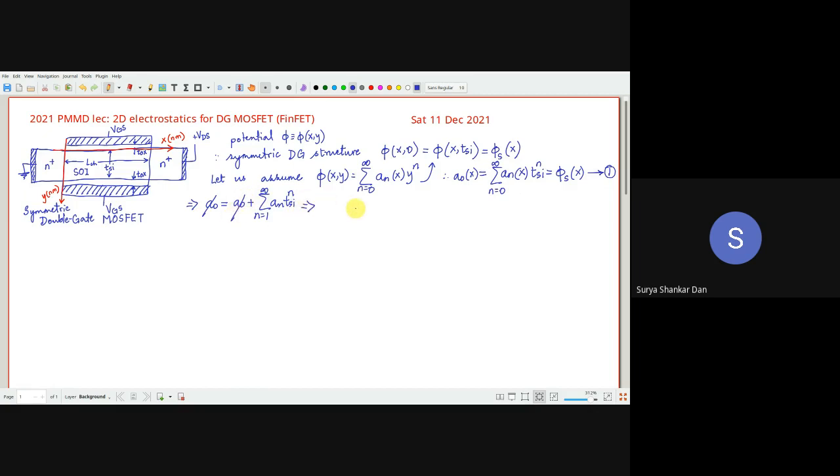What will be the remaining term? 0 is equal to a1 TSI plus a2 TSI square. TSI is common in all these terms, so I can put TSI outside and write the summation n equal to 1 to infinity of a_n TSI to the power n minus 1. Now TSI is not equal to 0, so obviously you can cancel it. This will be equation number 2.